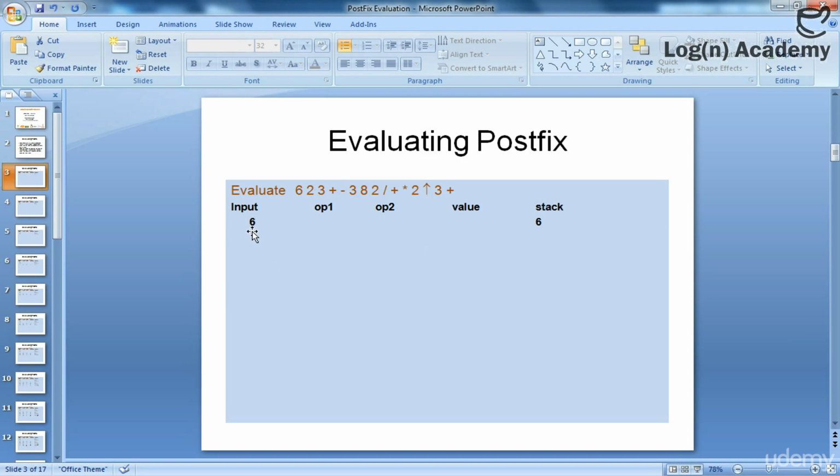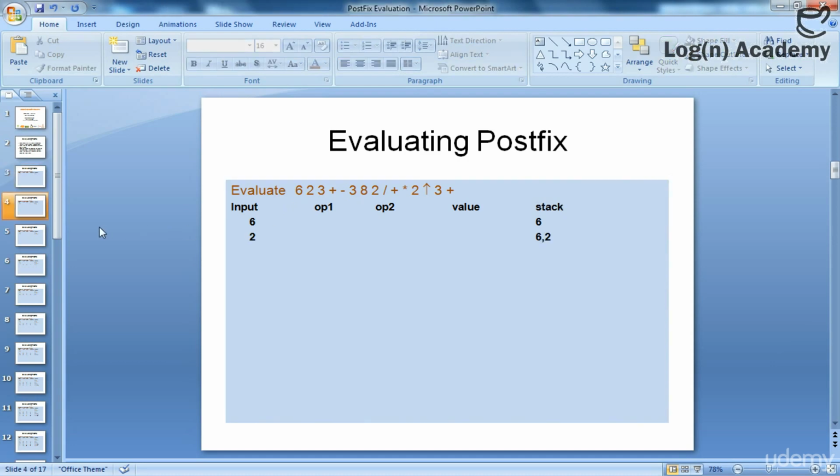So now we have the input, an input string, and operator 1, operator 2, then the result, then the value, and the stack, right? So the first value is an operand. We'll push that into the stack, and the input means the value that we are getting from this expression, right?